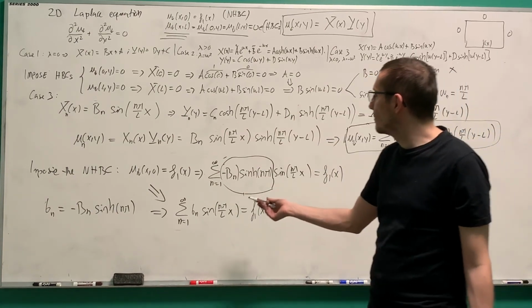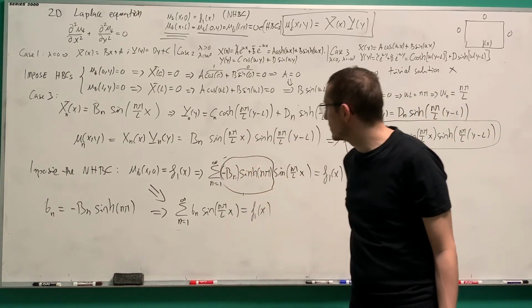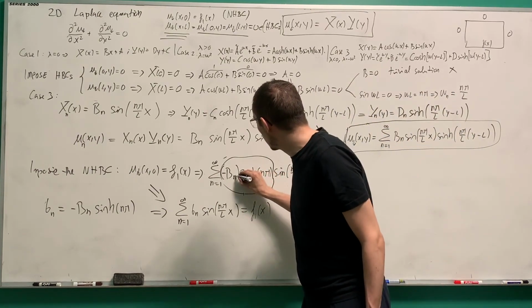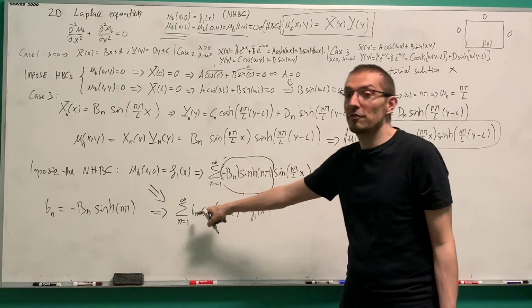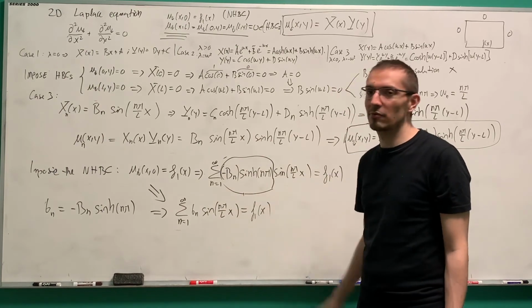And now in this form, I know for a fact that the small b_n's are the coefficients of the sine Fourier series of f1 of x.